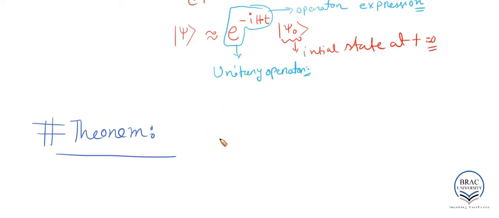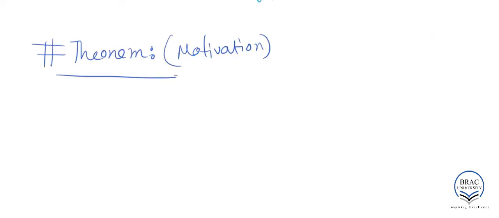So what does that mean? Let's first write it down. It's also motivation for us why we want to study the unitary operators. And let's write some unitary operator U. Let me just choose another color.